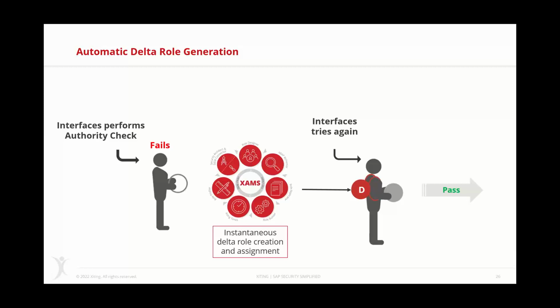In the background, we get the email saying, hey, something failed, you got to check. The delta role is automatically generated, it's all there, it will run, it's assigned, so the role exists directly in production. If we activate this in production, this is per user, obviously, where we activate it. And then we can look into it, we can clean it up or correct it, in the roles.